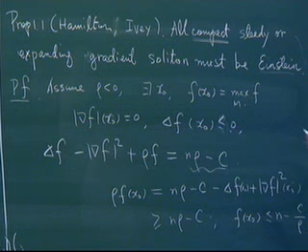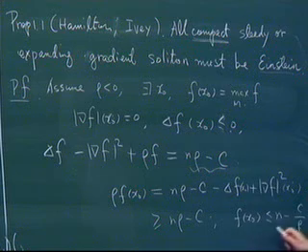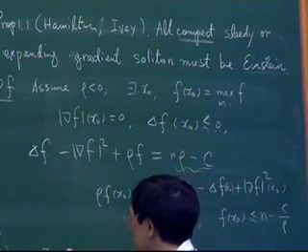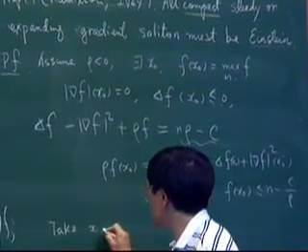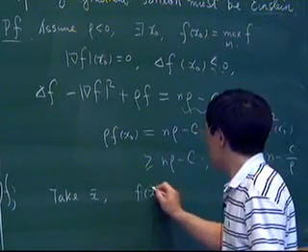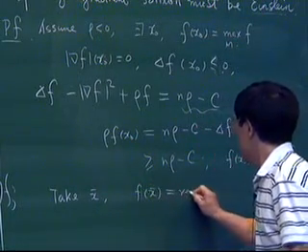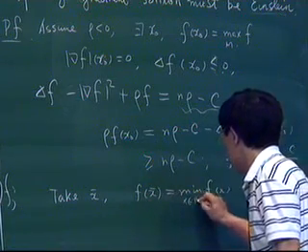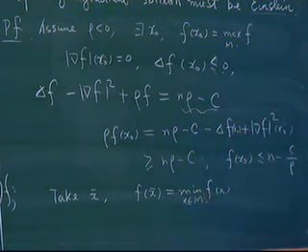We can do the same thing for the minimum point. So we know that the maximum point is less than or equal to this. If we take x bar, a minimum point, f(x bar) equals the minimum.